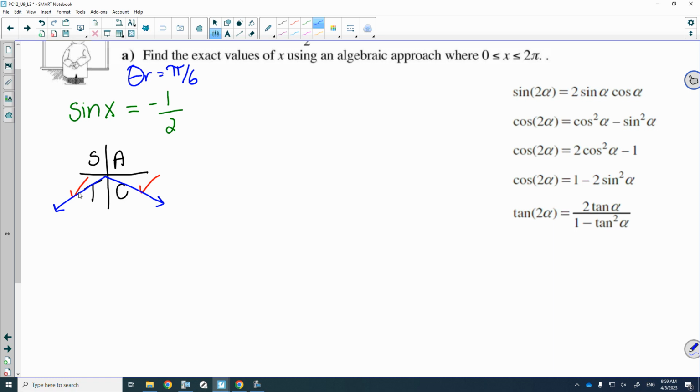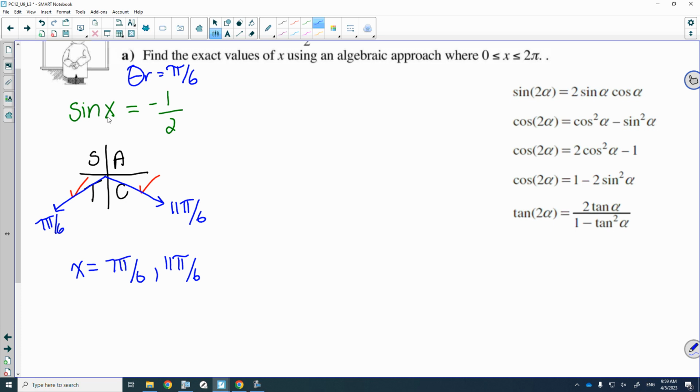Anybody remember what that is? Seven pi over 6. This one would be 7 pi over 6. And this guy would be 11 pi over 6. So x is equal to 7 pi over 6 and 11 pi over 6. That would be the solution if my argument was just x.